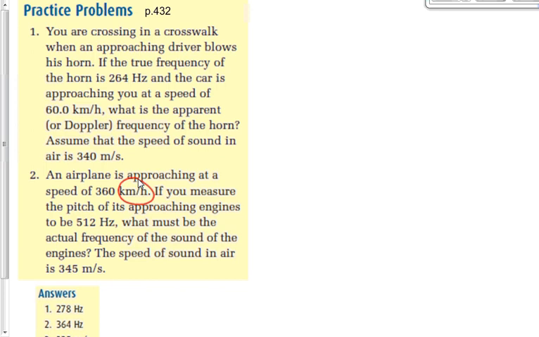Can anybody explain to me, based on the equation, FD is equal to VW over VW plus or minus VS, why you could get away with using kilometers per hour as long as you were consistent in the problem and get the same answer?